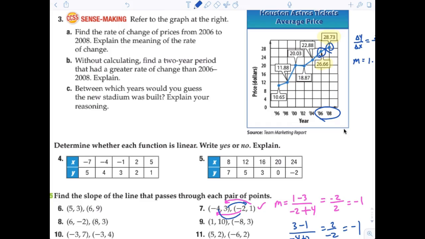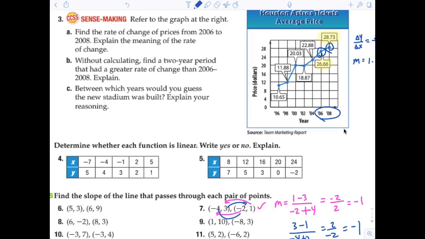Will? Probably like 2000, like 1995. What are you thinking? Good for you. 2002. Oh, I see. What do you think? 2000. In 2000.